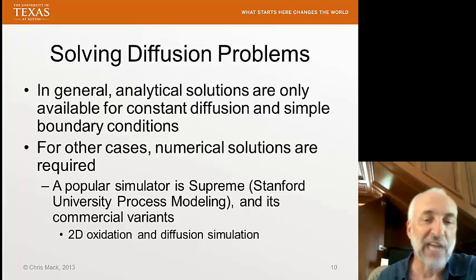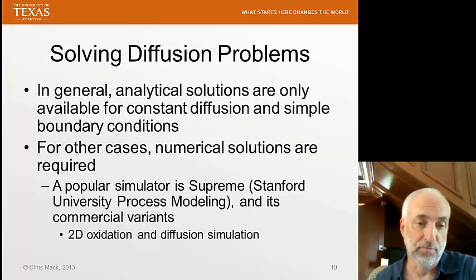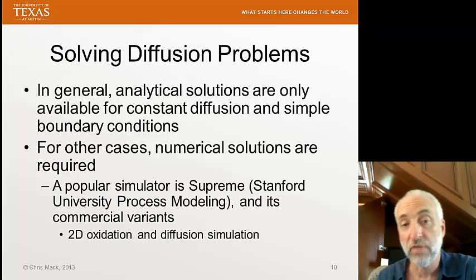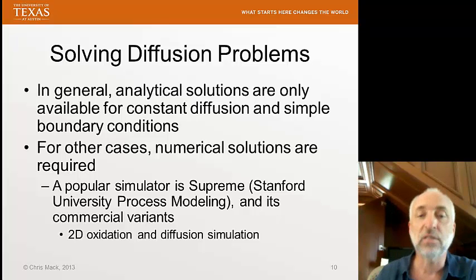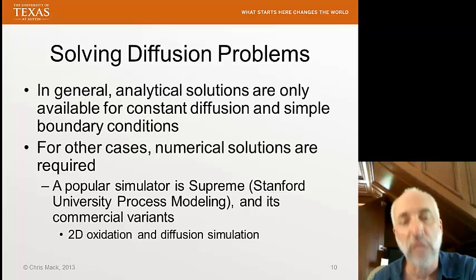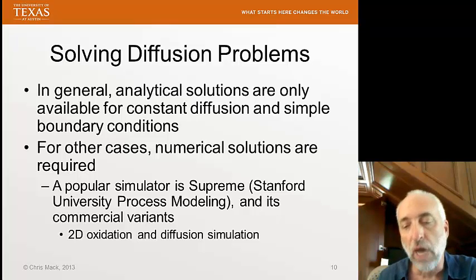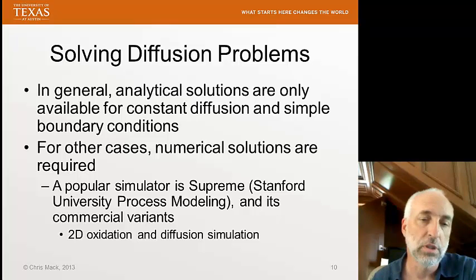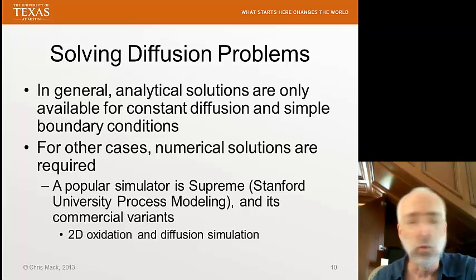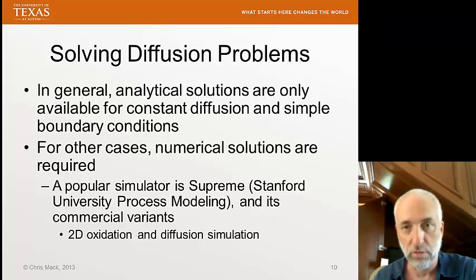It's a 2D oxidation and diffusion model. Commercially, there's also three-dimensional 3D simulators available as well. And these simulators have many more complex models of how diffusion occurs than we can do in pencil and paper analytical types of solutions. So Supreme, very commonly used in the semiconductor industry.